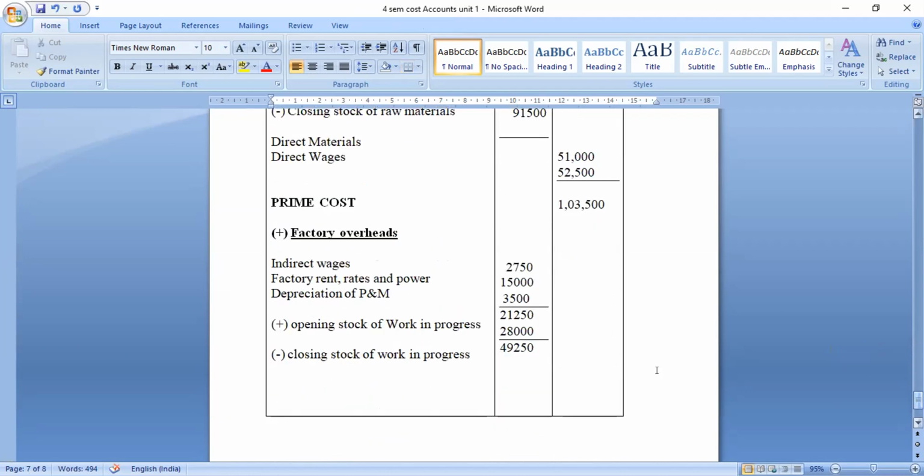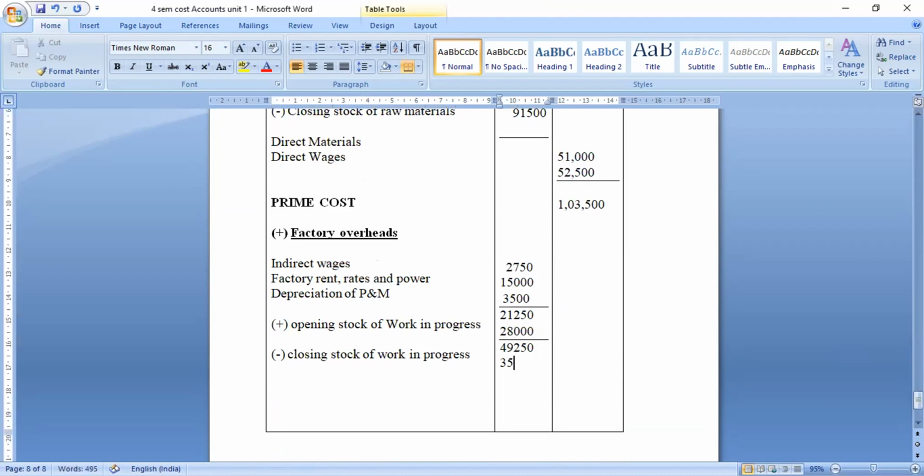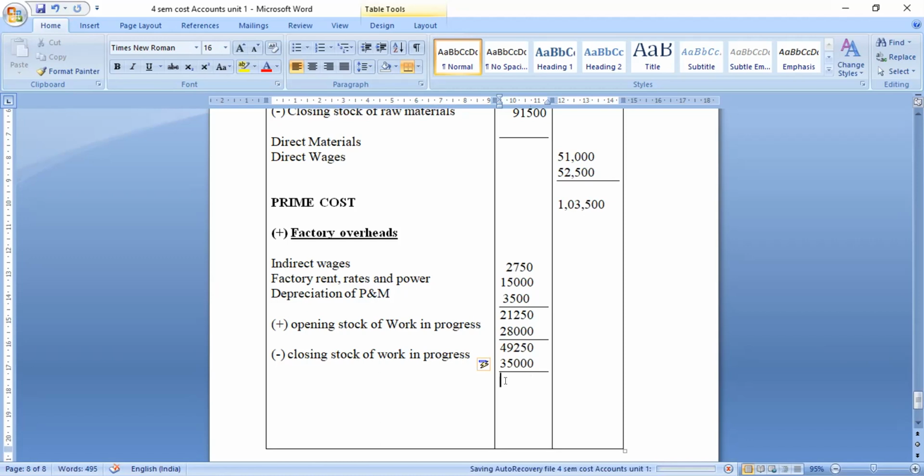So you are going to deduct that, 35,000. So now see what the balance is. 49,250 minus 35,000 is 14,250. Okay. So how much is the total? 14,250.